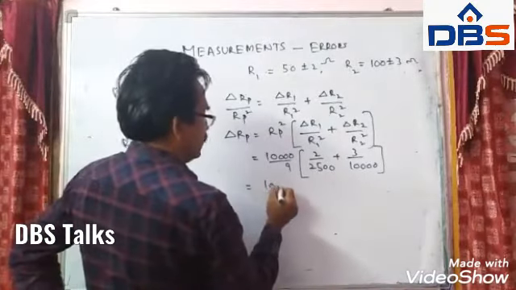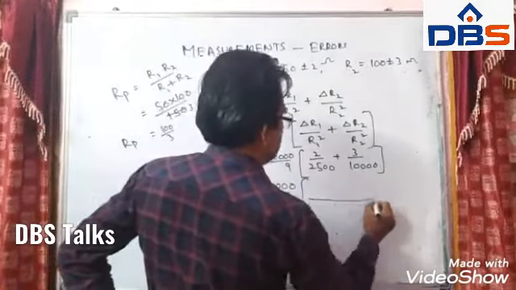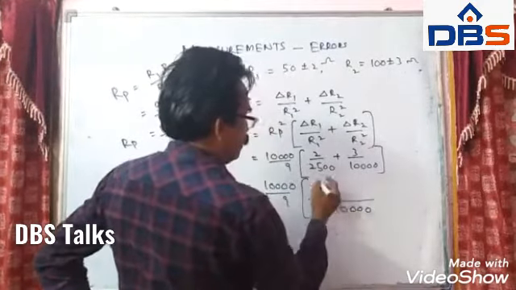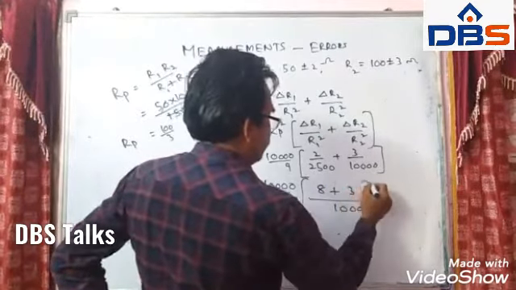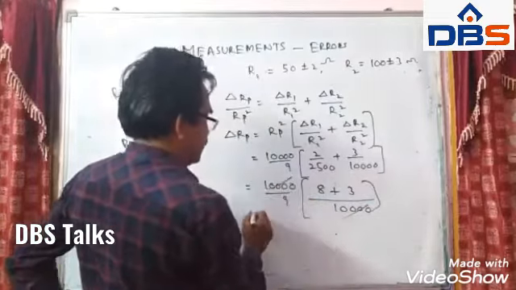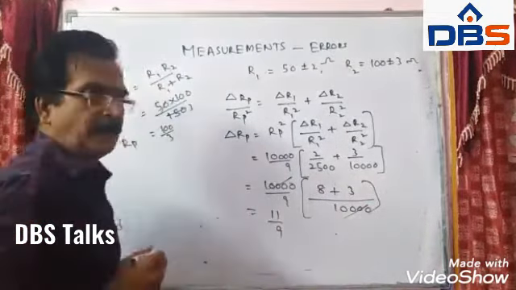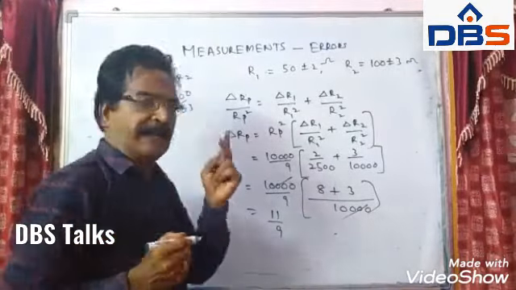This is equal to 10,000 by 9 into, here LCM 10,000, 2,500 4s, 4 2s 8 plus 1 into 3, 3. 10,000 gets cancelled, 11 by 9. Delta RP is equal to 11 by 9 friends.